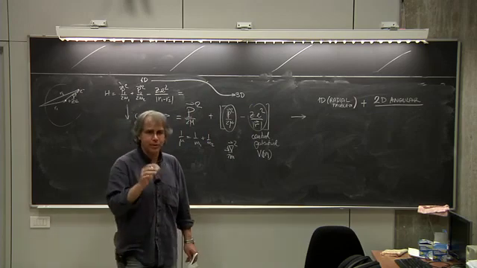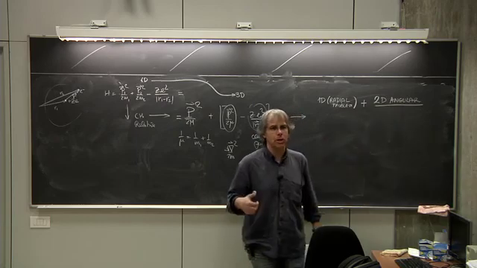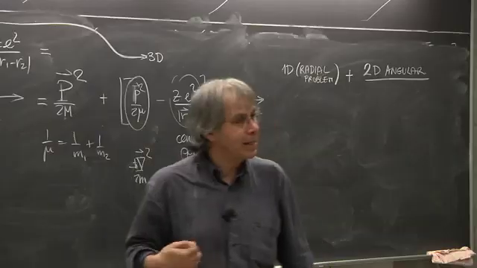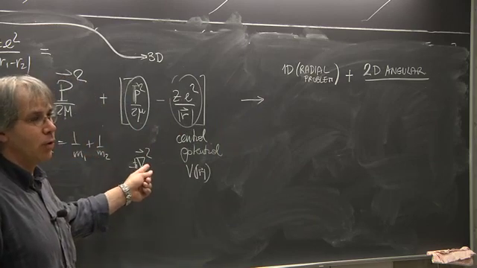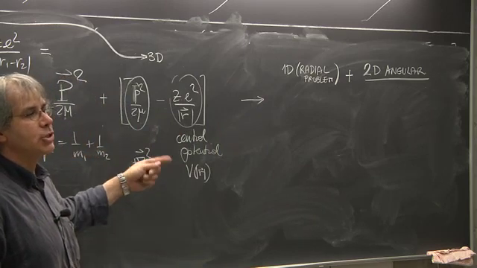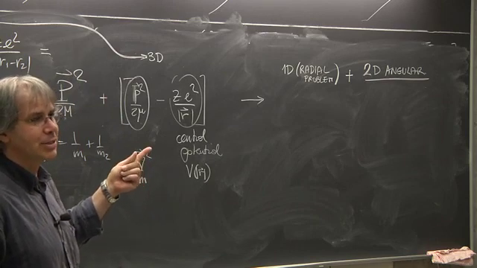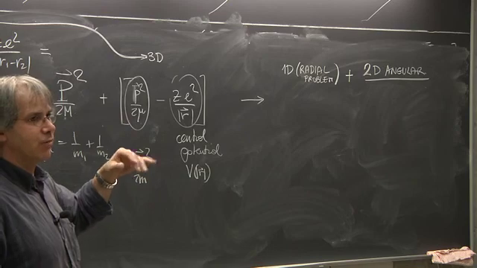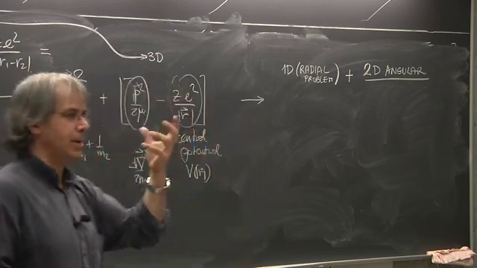So you could already guess what will be the angular part if you open your book on classical electromagnetism. You have probably done many problems in which you see the Laplacian in 3 dimensions. The Laplacian in 3 dimensions has a piece involving derivatives with respect to theta and phi, the angles.